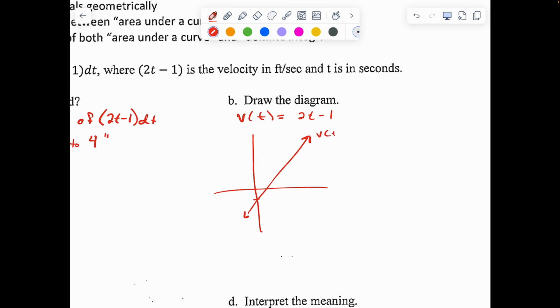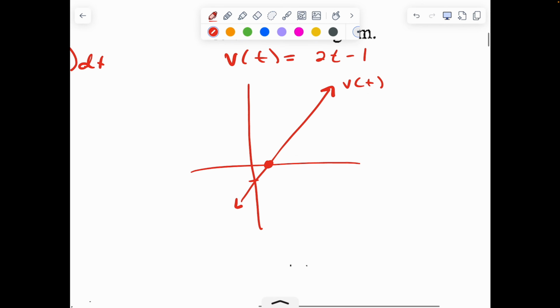This is v of t. This point right here is where 2t minus 1 equals 0, or t equals 1/2. This was the intercept, where y equals -1. And here's what it means.